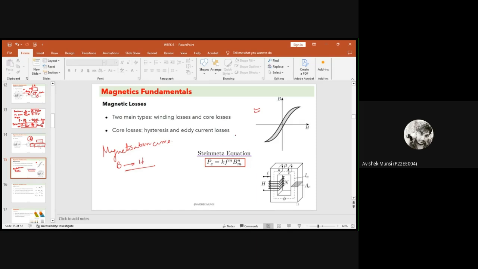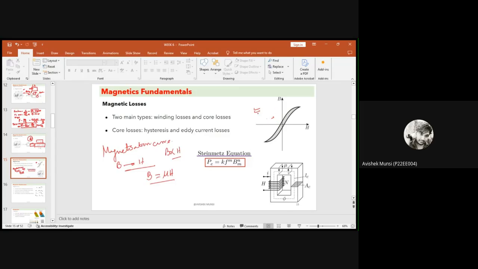As you see here, it is not a straight line, right? We see that B equals mu H. So if something is proportional to H, we naively expect that it will follow a straight line, but it is not a straight line.